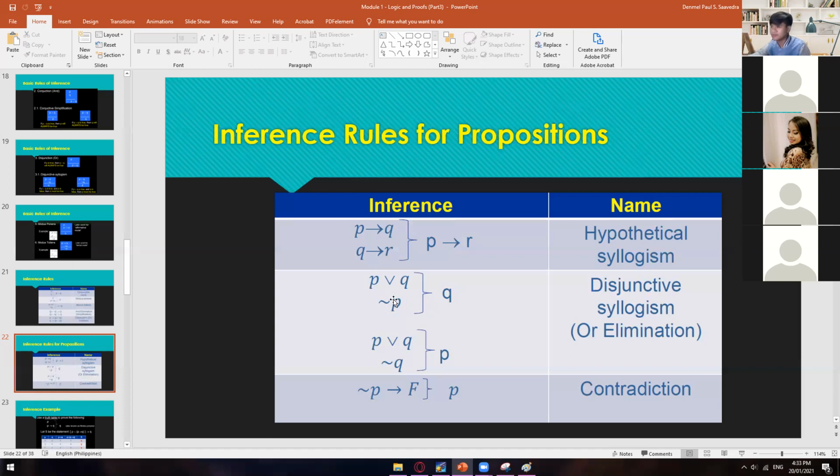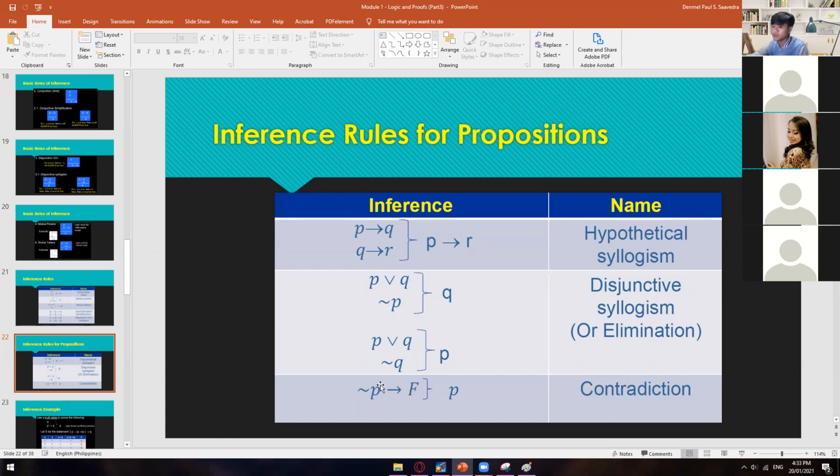Then we have here disjunctive syllogism. We have P or Q, and then P is already false, so we have to answer Q. Another one is P or Q, and we have another hypothesis saying that Q is actually false, so we have to answer P. And then we have here contradiction, wherein this one is already true, but this one is already proven false.